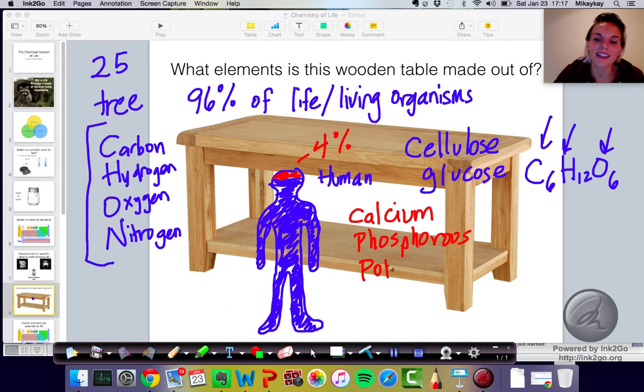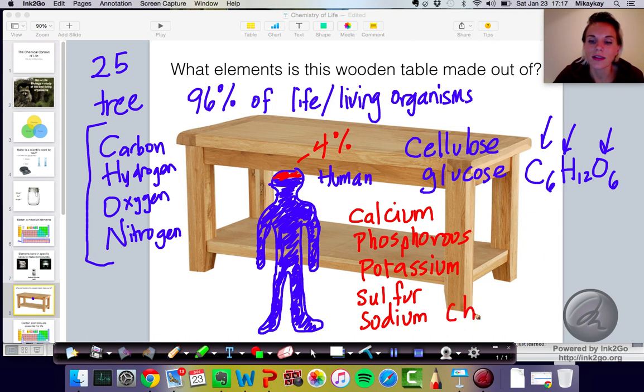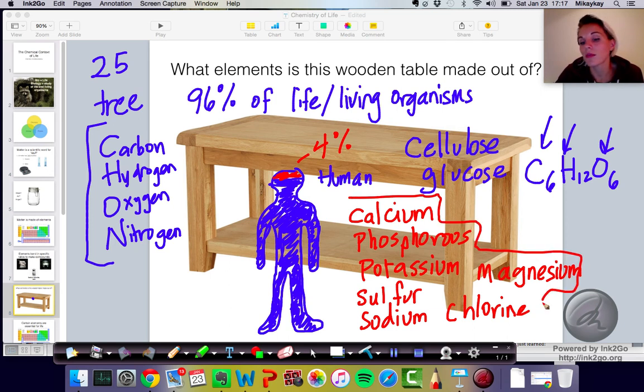We have potassium, sulfur, sodium, and chlorine, and magnesium, right?